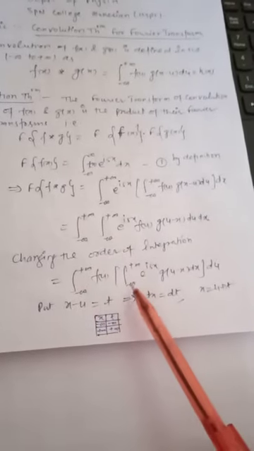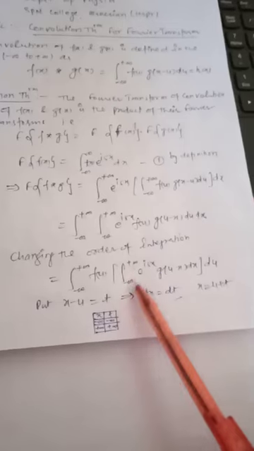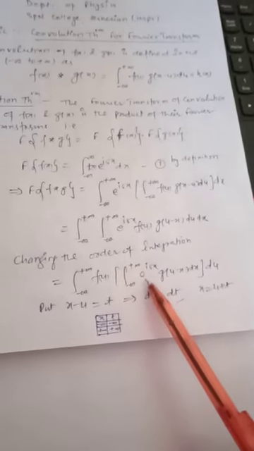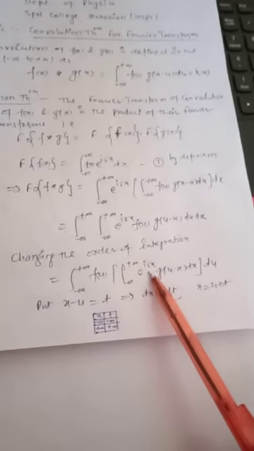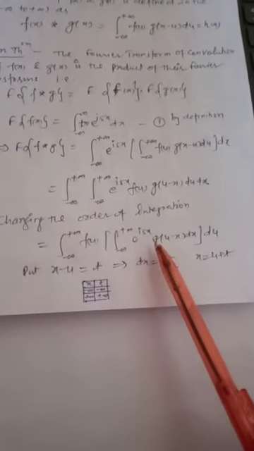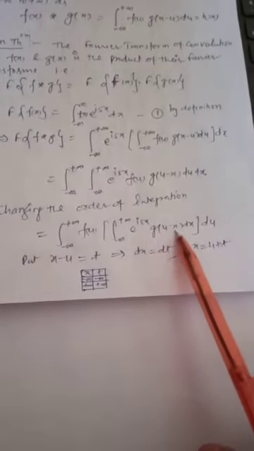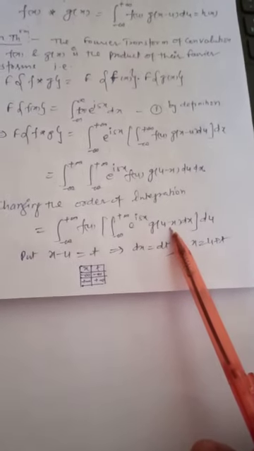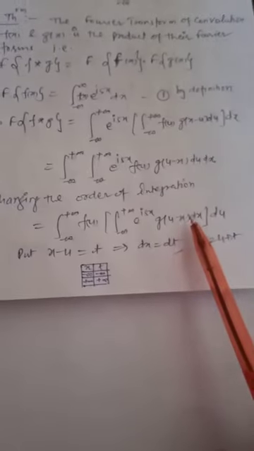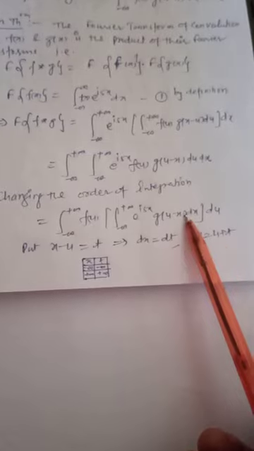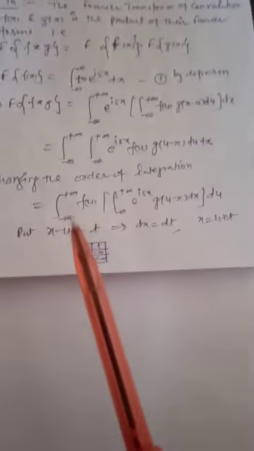Changing the order of integration: the integral from minus infinity to plus infinity of f of u, then in brackets the integral from minus infinity to plus infinity of exponential iota sx, g of x minus u, dx, bracket closed, du.